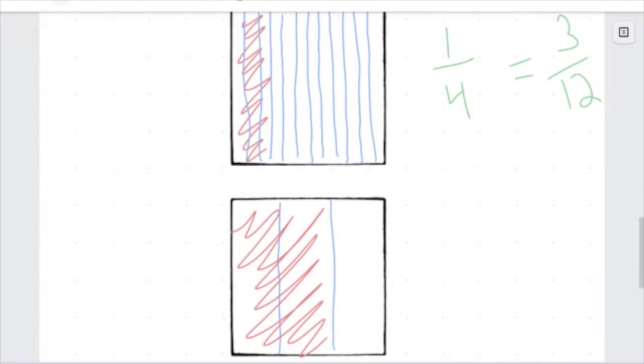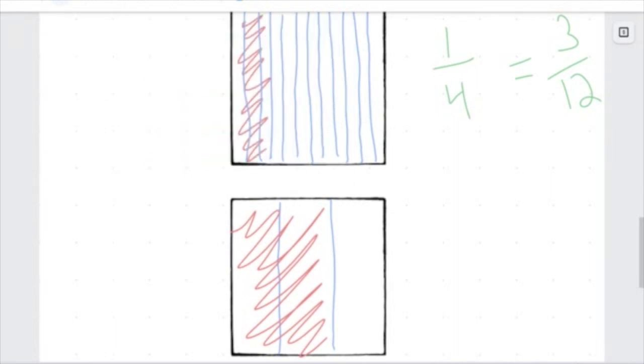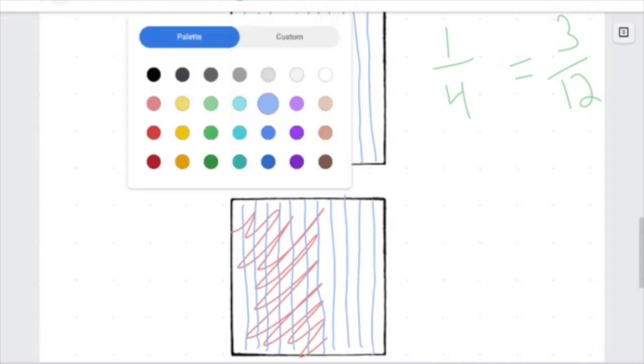Now, breaking this one up now as well, I can get my 12 equal bits and express this as a fraction with a denominator of 12. So I can rewrite this, right?